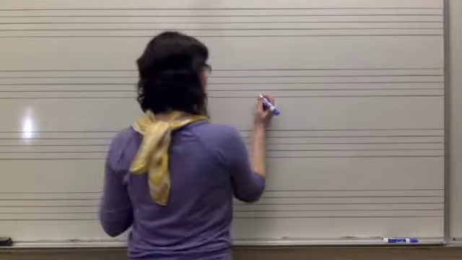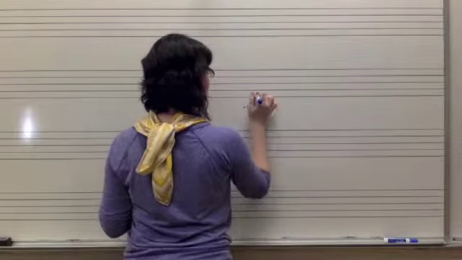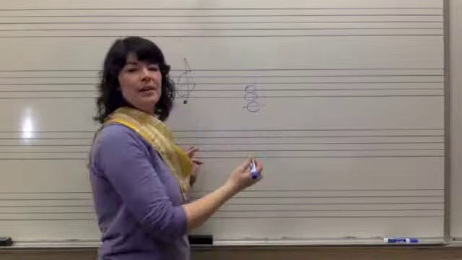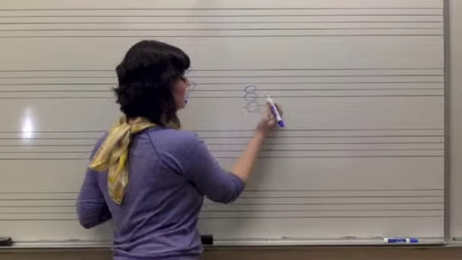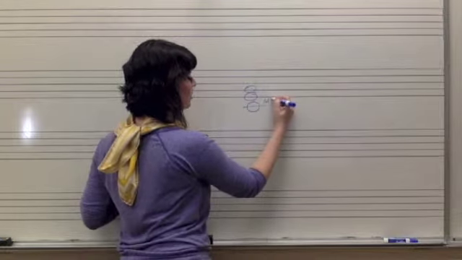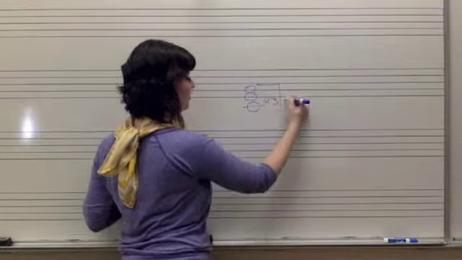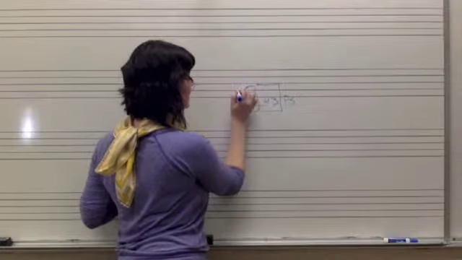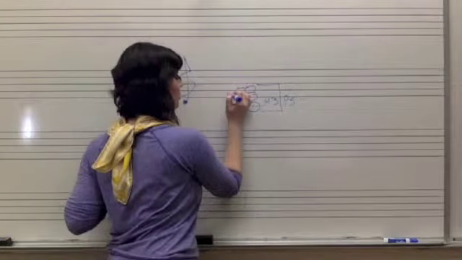So in the case of a major triad, like I just said, we make our snowman, right? So between C and E, we've got our major third, and then on the outside, we've got our perfect fifth, and then importantly, between E and G, we have a minor third.